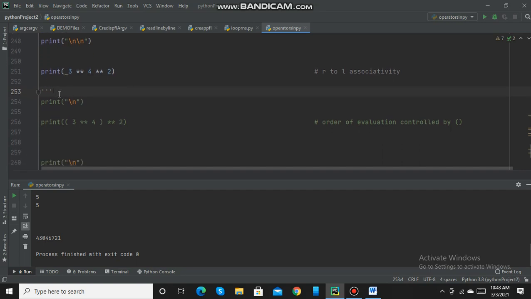Now we can change the order of priority by using parentheses. If I want to evaluate 3 raised to 4 first, and then that result, that is 3 raised to 4 is 81, raised to 2, I will have to put the parenthesis here.